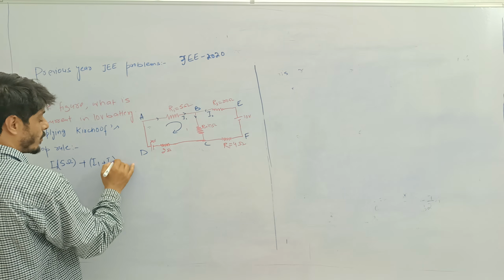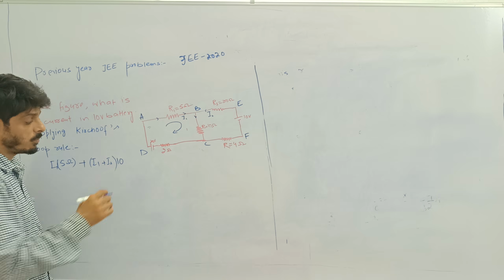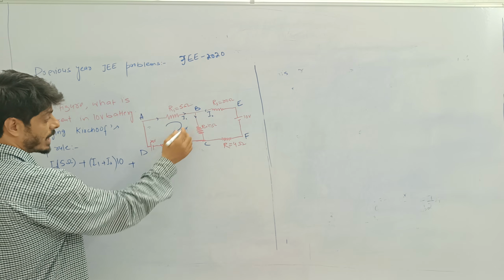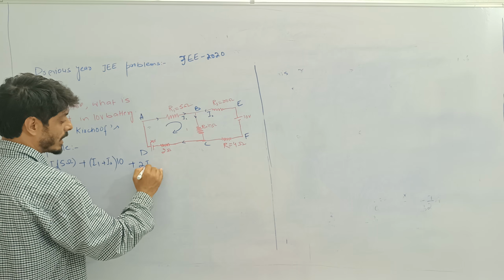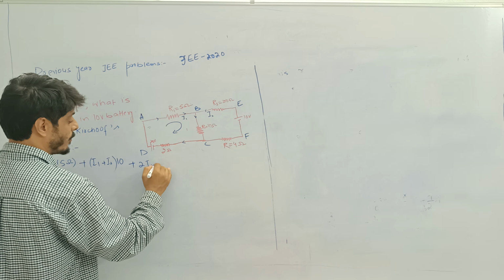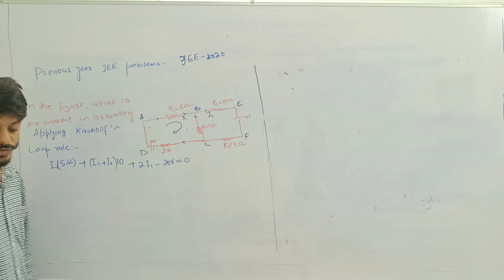So it means I1 plus I2 into 10 ohm, plus this current will come and go like so, plus 2 I1 minus 20 volt is equal to 0.